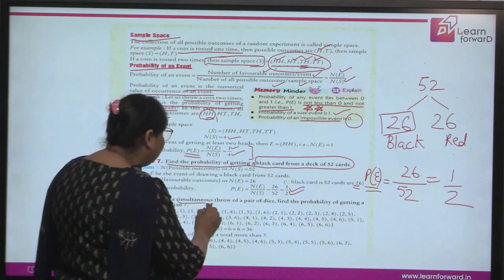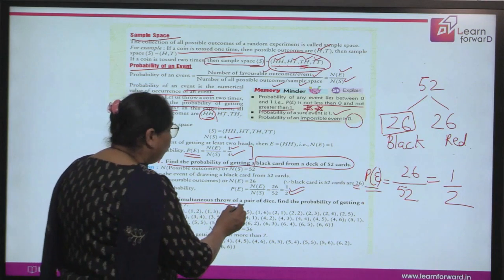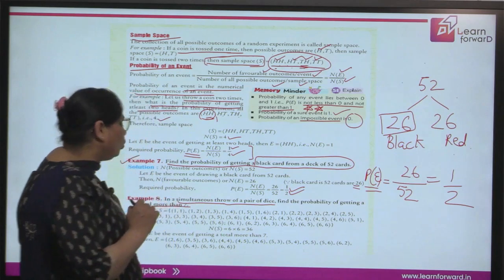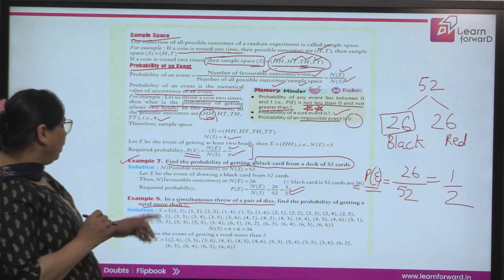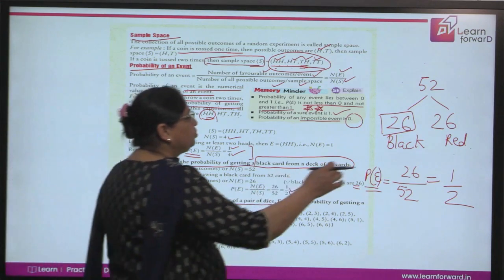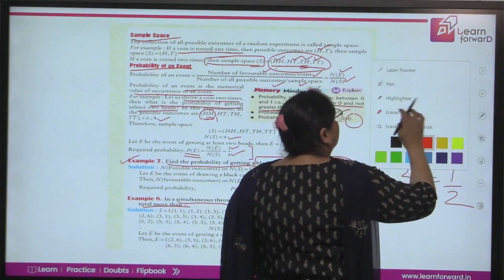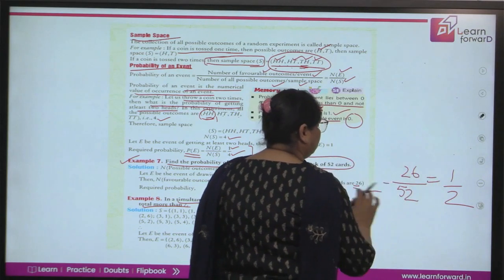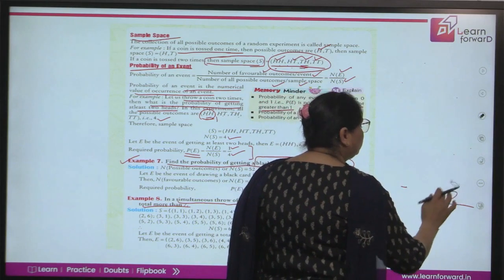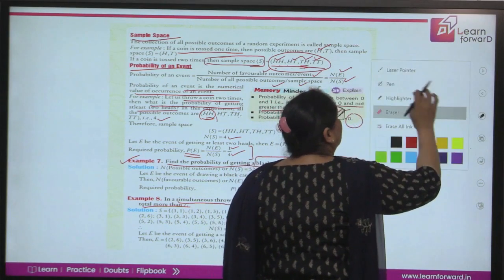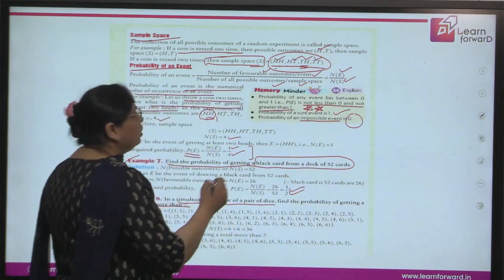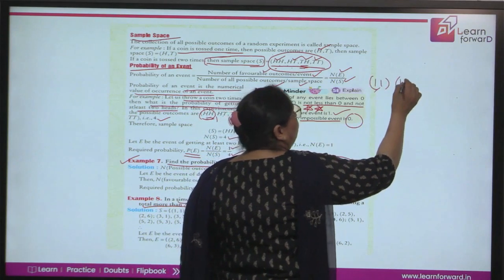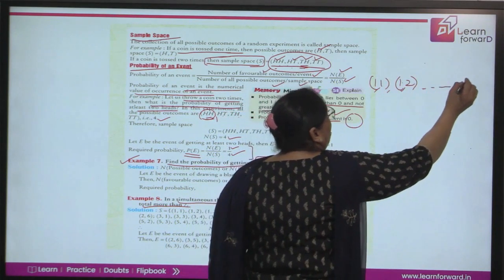In the next example, a pair of dice is thrown simultaneously. Find the probability of getting a total of more than 7. When we draw a sample space for this, because the dice are thrown simultaneously, the first is 1 1, then 1 2, and this way it goes up to 1 6.